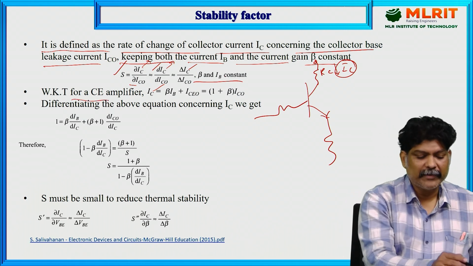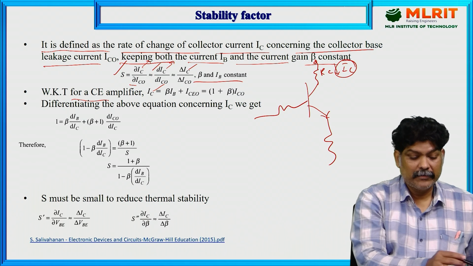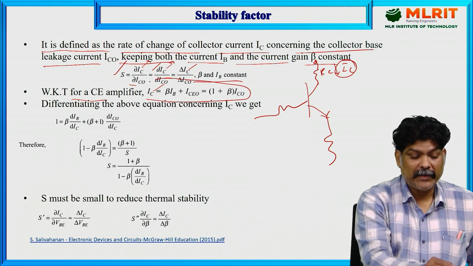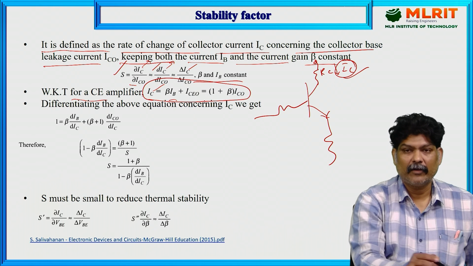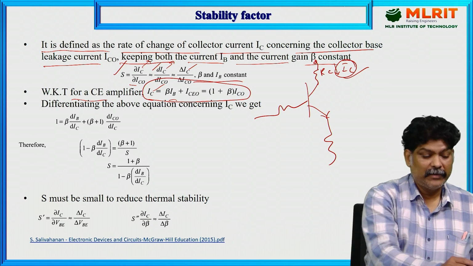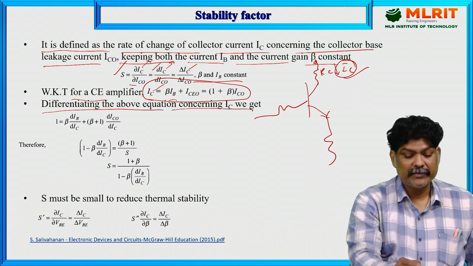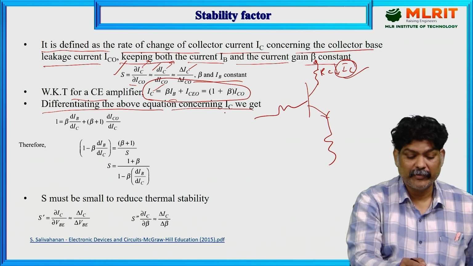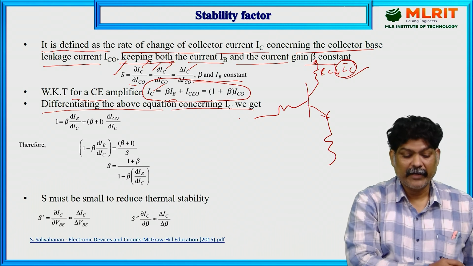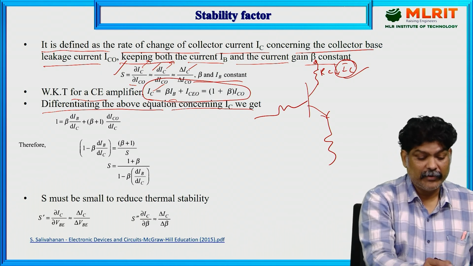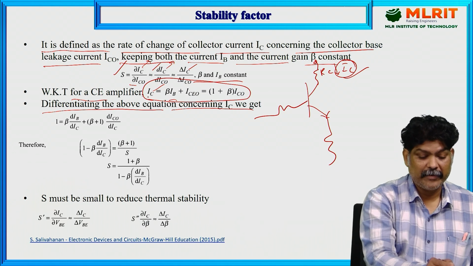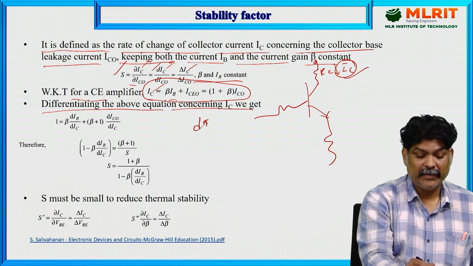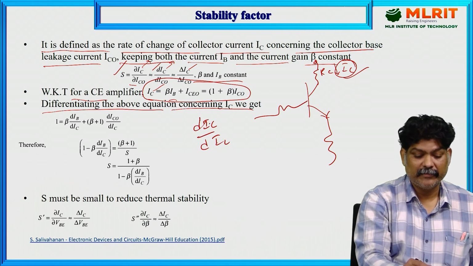And we know that the output current IC can be represented as beta IB plus ICE0, or (1 plus beta) into IC0. Differentiating the above equation with respect to IC, dIC by dIC gives 1.